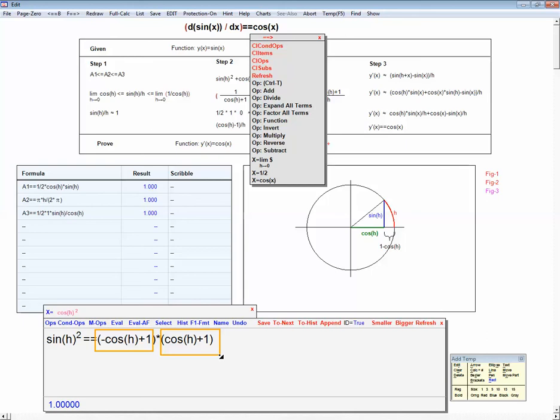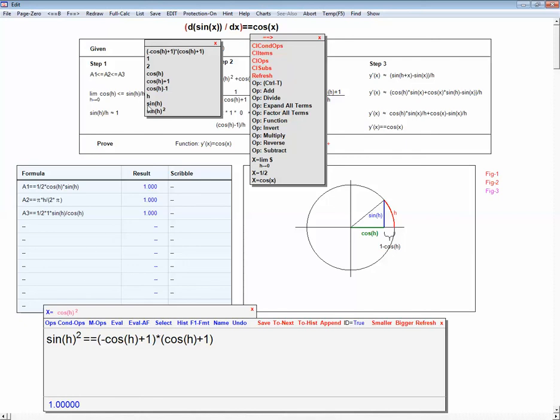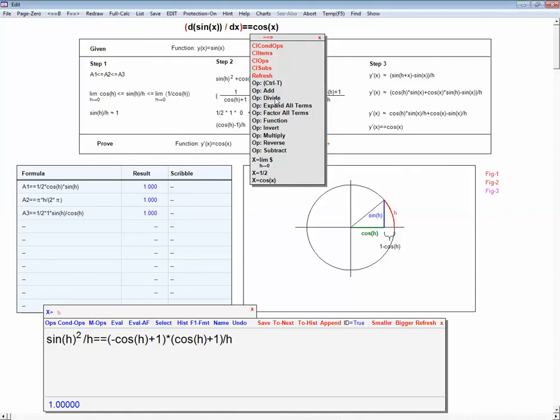Okay, and now I'm going to divide both sides by h. So I put h in my extra slot there, and I divide both sides.